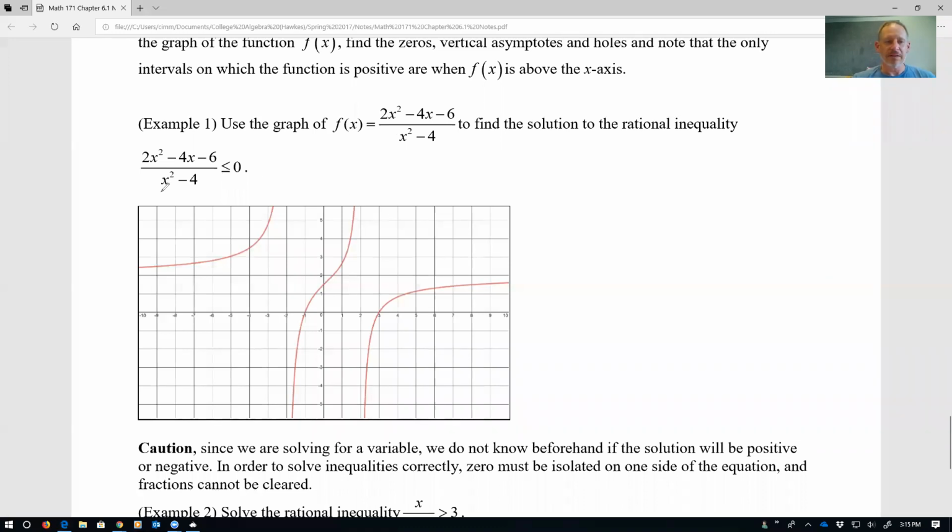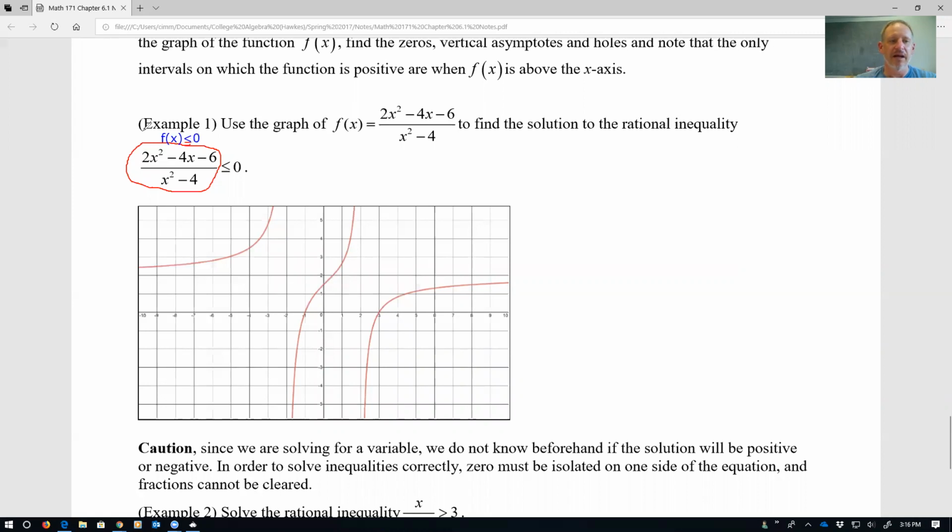Really what we want to do is know where those function values f of x are less than or equal to 0. If we call this over here our f of x, we want to know when that is less than or equal to 0. That's what we're going to try to do here.